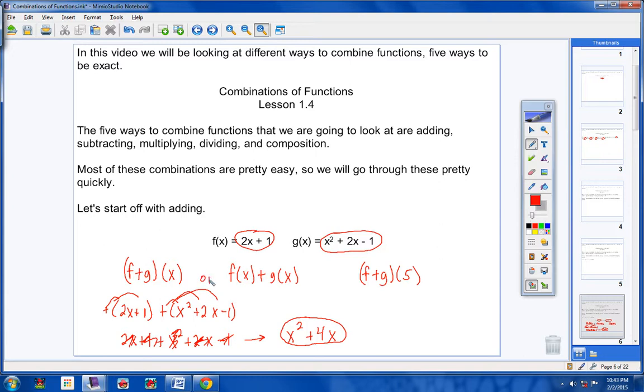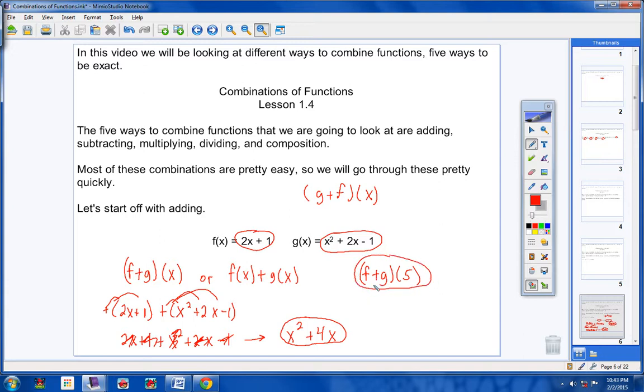Or you could also say, I found f of x plus g of x. And by the way, think about it for a second, students. If I asked you to find g plus f of x, you'll get the exact same answer, because this function plus this function is the exact same thing as this function plus this function. The order doesn't matter. Now, what if I would have said to find this right here?